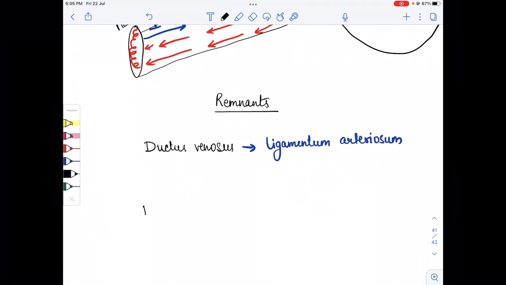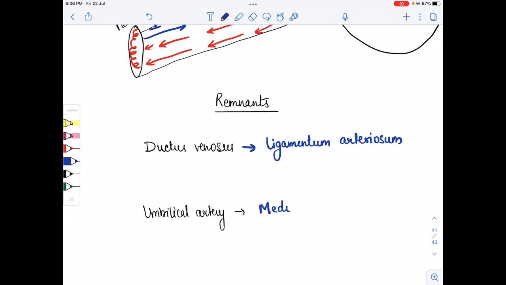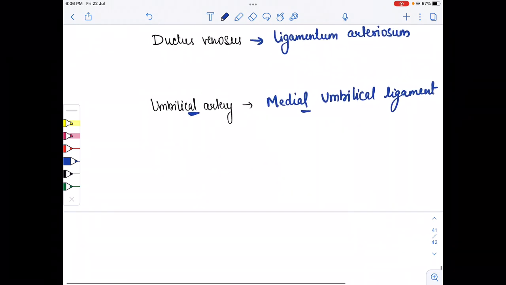Now the second one is the umbilical artery. The umbilical artery remnant is the medial umbilical ligament. Please remember, it is medial. Medial umbilical ligament.